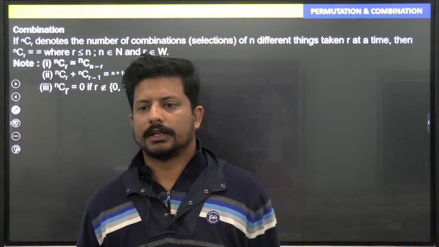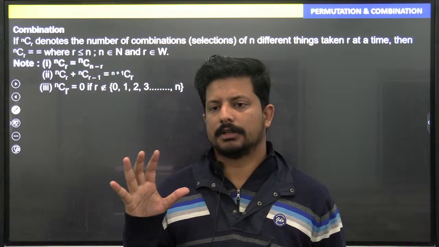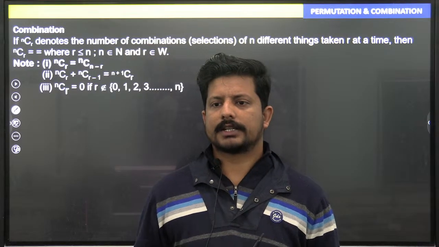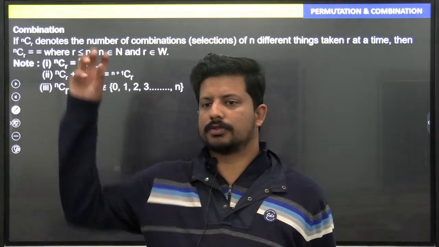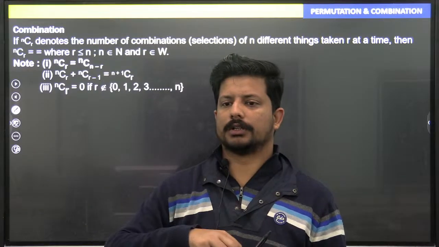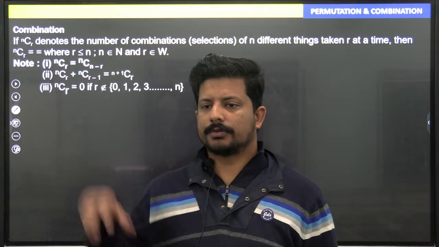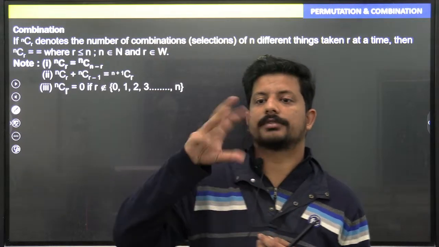I am telling you one difference here. If you have six balls and you need to select 2, so you have picked 1, and then you have picked 1. These are two different things, because when you pick 1 and then 1, that gives you order.